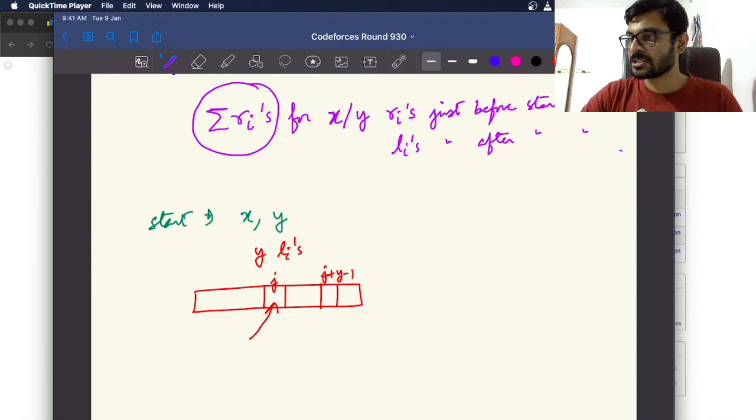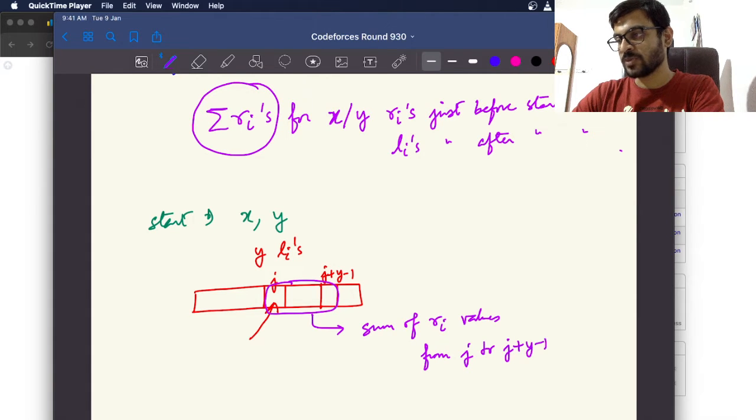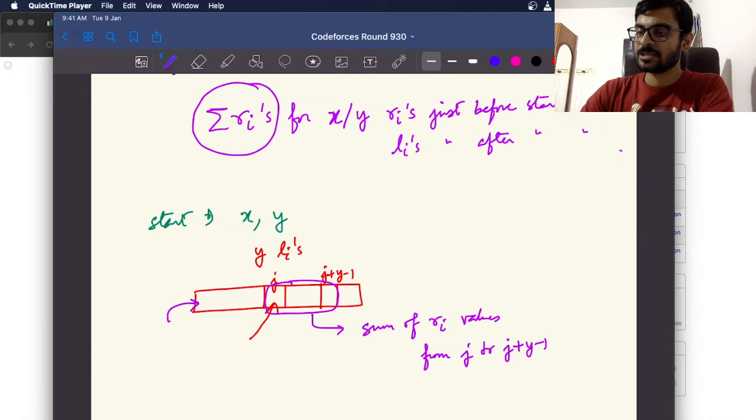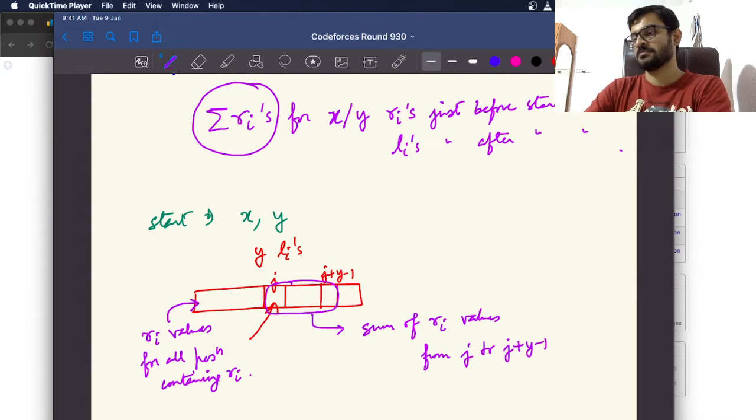So I'm looking for the summation of Ri values from j to j plus y minus 1. What is this array storing? This array is storing Ri values for all positions containing Ri.